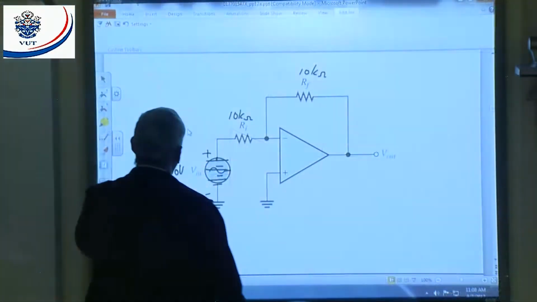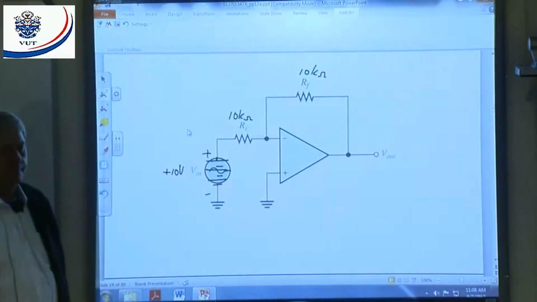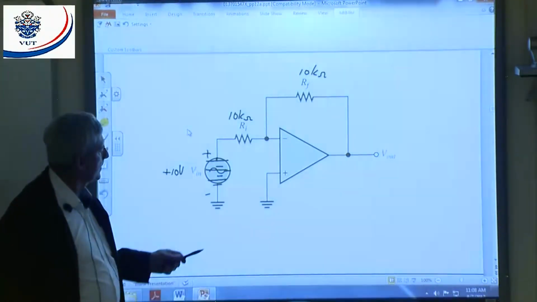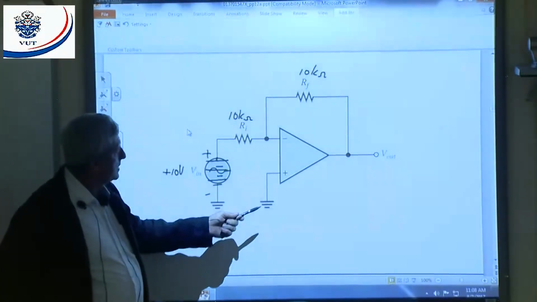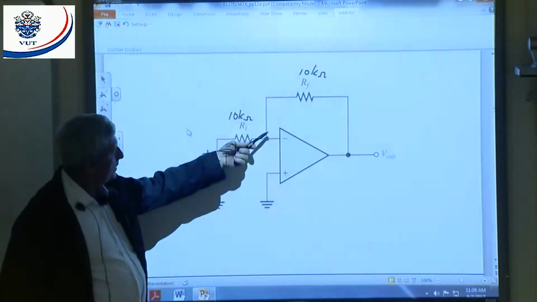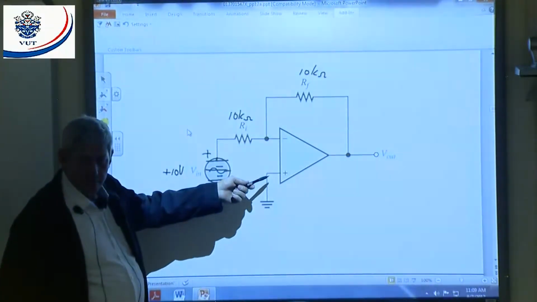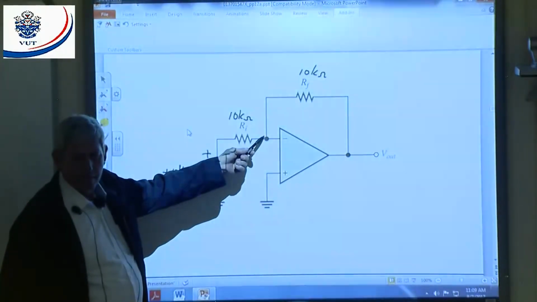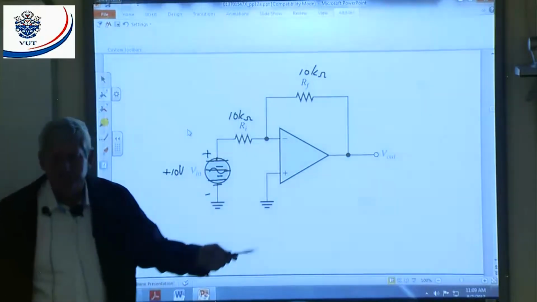Now I apply plus 10 volts there. The instant I apply the plus 10 volts, we know that point is at 0. What will the op-amp normally try to make the difference here? 0. If I've got 0 there, what should be there, to make the difference 0?